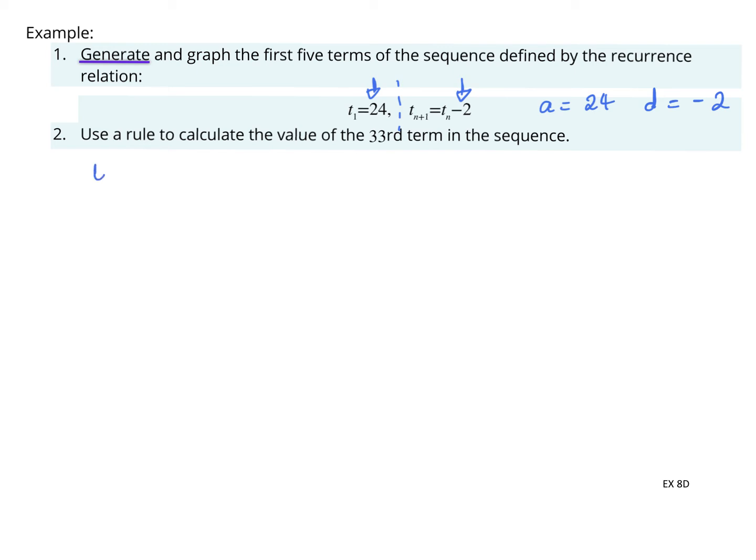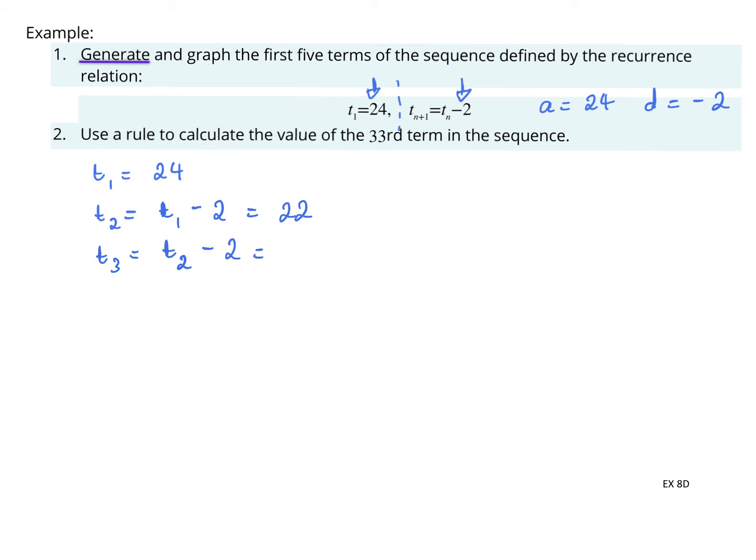We know that T1 is equal to 24. Okay, the next bit, T2 is equal to T1 minus 2. So if T1 is 24, 24 take away 2 is 22. To find the third term, because remember we have to find the first 5 terms, T3 is equal to T2 take away 2.